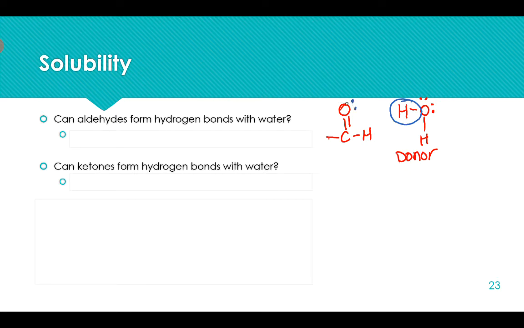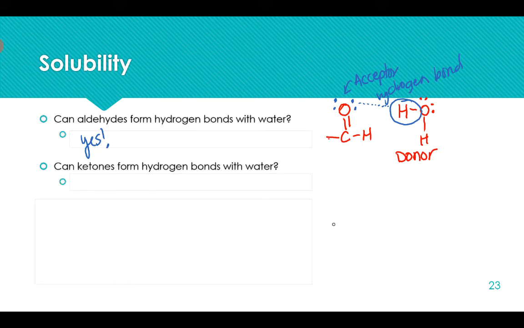And now we can see that we have these lone pairs here that act as an acceptor. And so we can form hydrogen bonds in between. So we can form hydrogen bonds between aldehydes and water.